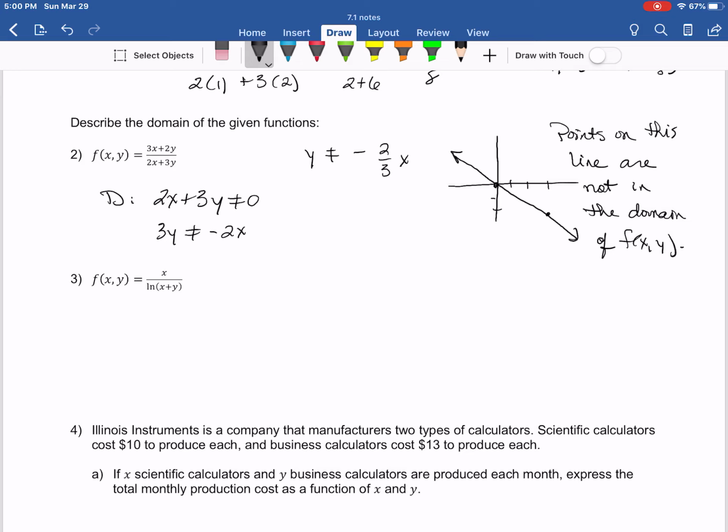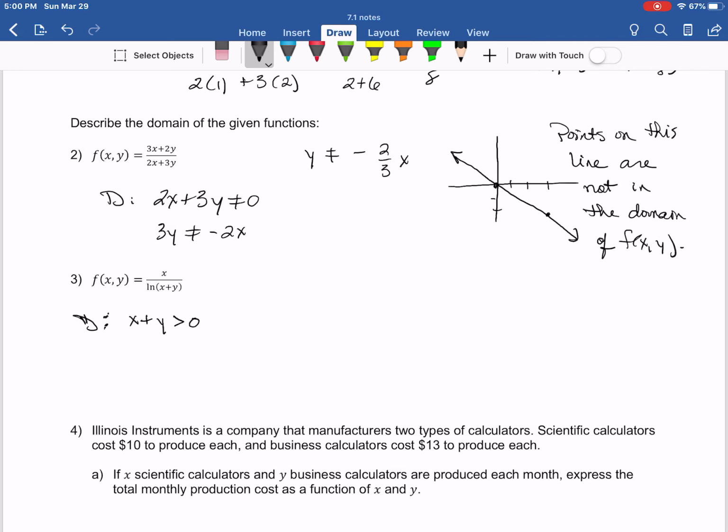So what that means is that for our domain, we want x plus y to be greater than 0. Not equal to 0 is true, but it also can't be negative. So we get around all of that by saying that x plus y has to be strictly greater than 0. And in Connect Math, that's exactly what you're going to type in for your answer.